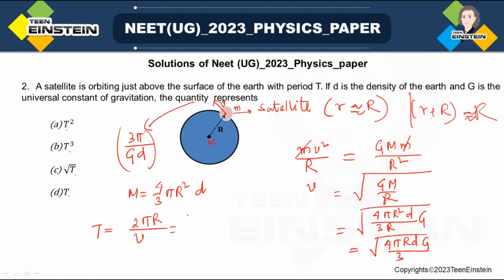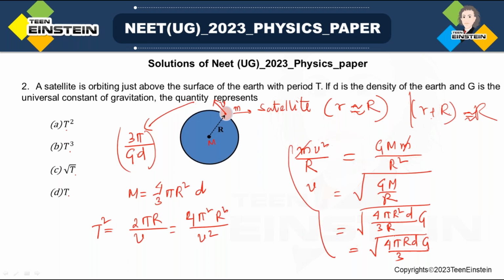So we can just write t square as, see, we can write this as 4 pi square r square by v square. Okay, if I write this, look, I have an advantage to put the value of v square.